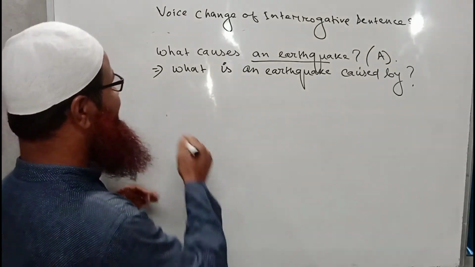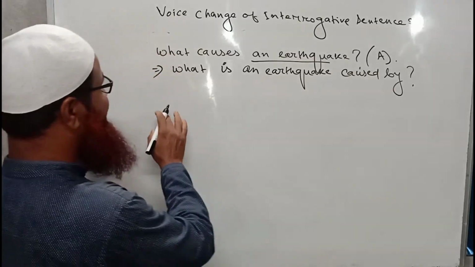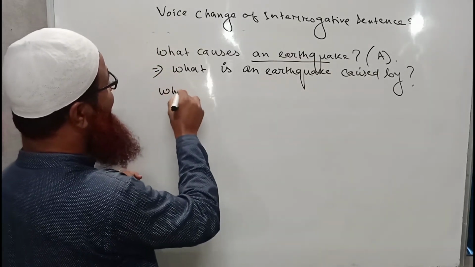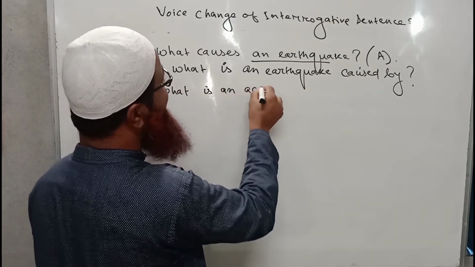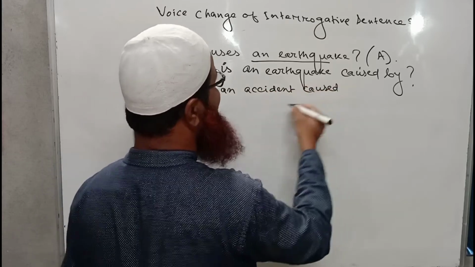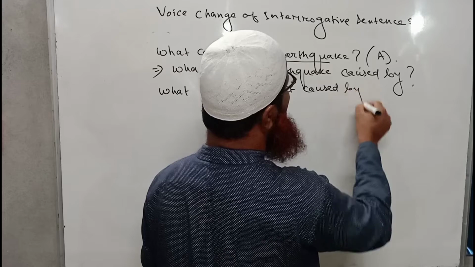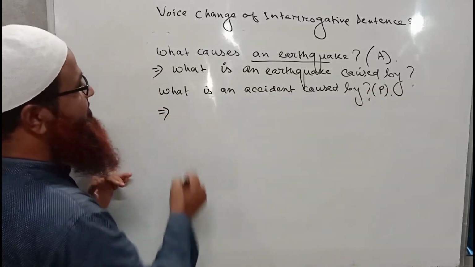So, like this, we may write some sentences in passive also, where I am writing: What is an accident caused by? So same sentence, and it is in passive form. So how should we make it active?